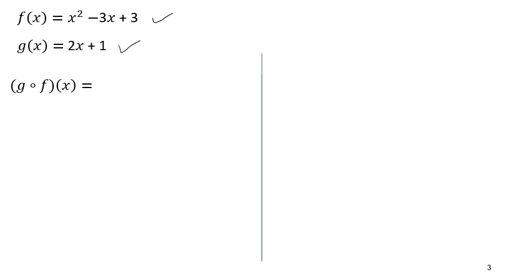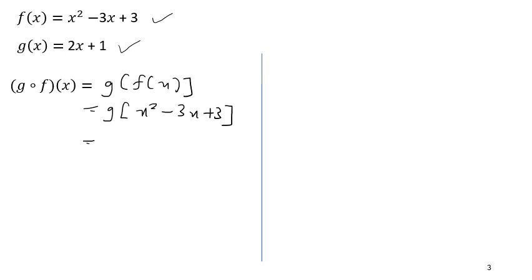So now use this to find composite function gf. So rewrite gf as g of f. Remember, the inside function is f. So substitute function f first, that is x squared minus 3x plus 3, into x in function g.